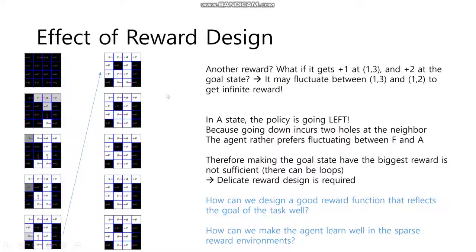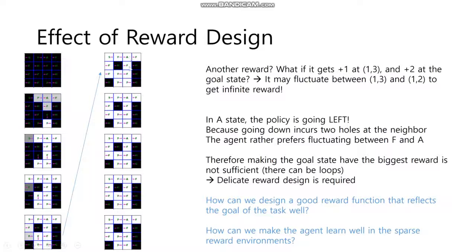So let me explain the effect of reward design. As I said, what if we think about another reward function? It turns out that it doesn't work. In state A here, the agent can get +1, but by fluctuating between this F state and A state, the agent can get infinite reward.